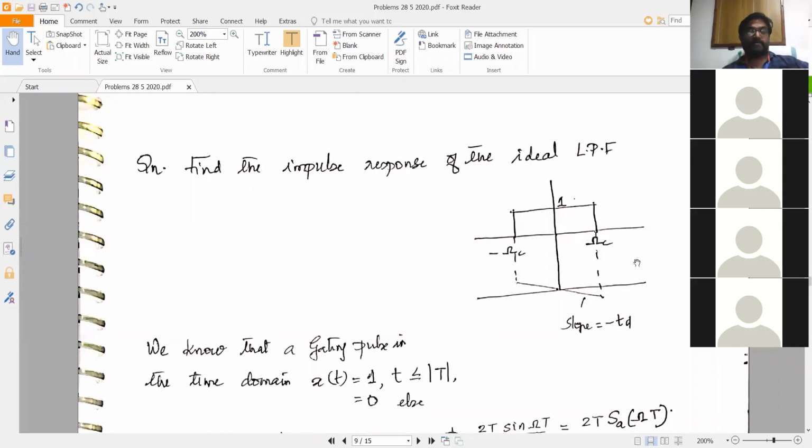So the ideal low pass filter will pass all frequencies in the pass band without any distortion. The signal will be delayed by a time given by Td. So that's why the slope of this phase response is Td.